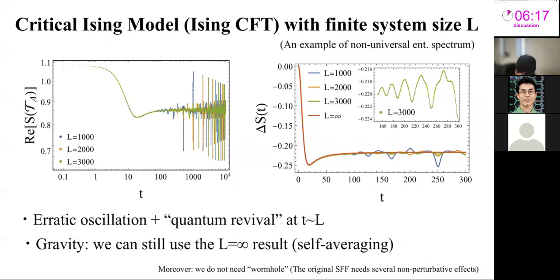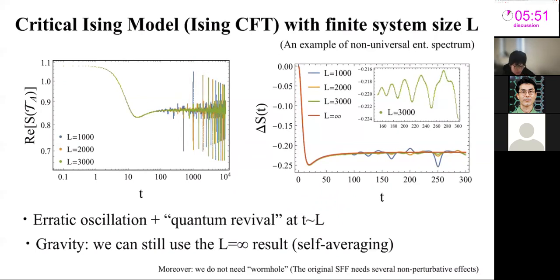And if we do so, actually we can see the erratic oscillation. And since this Ising CFT is an integrable system, we can also see the quantum revival after the Heisenberg time, but scaled with total system size. Since I'm taking a log plot, it's difficult to see, but we have some revival here.